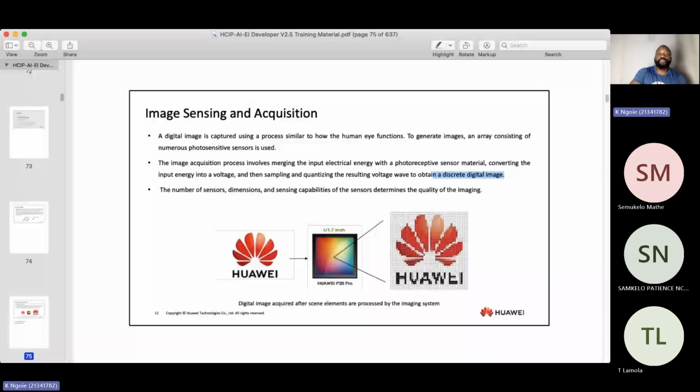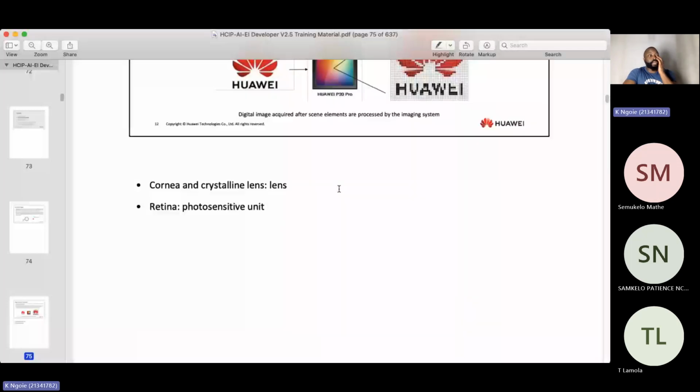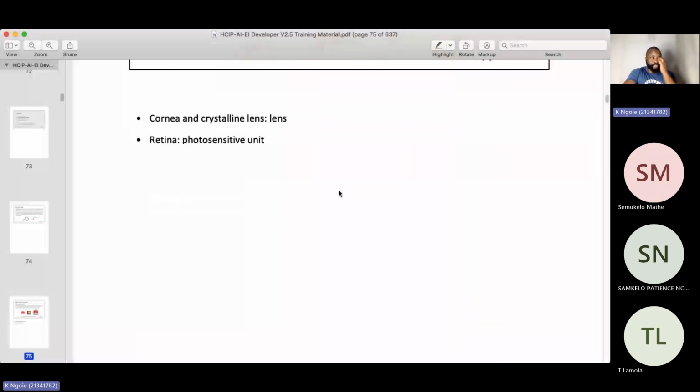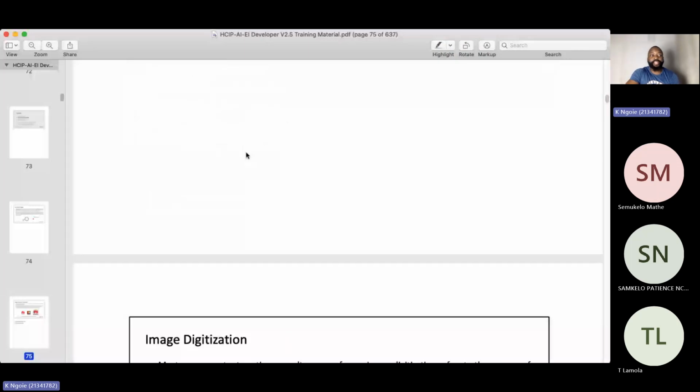And then we can process that image and identify the image. All right. So now we have the lenses and the retinas that are playing that role.